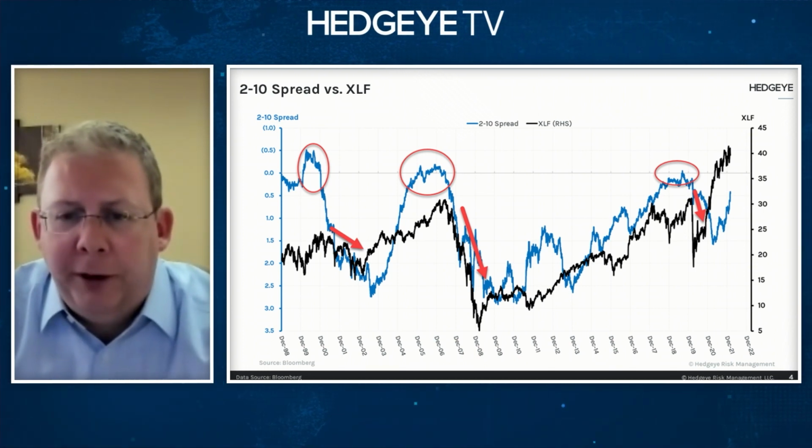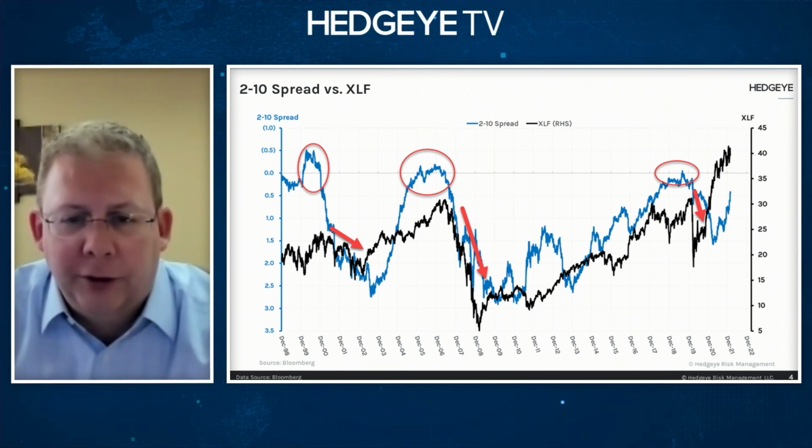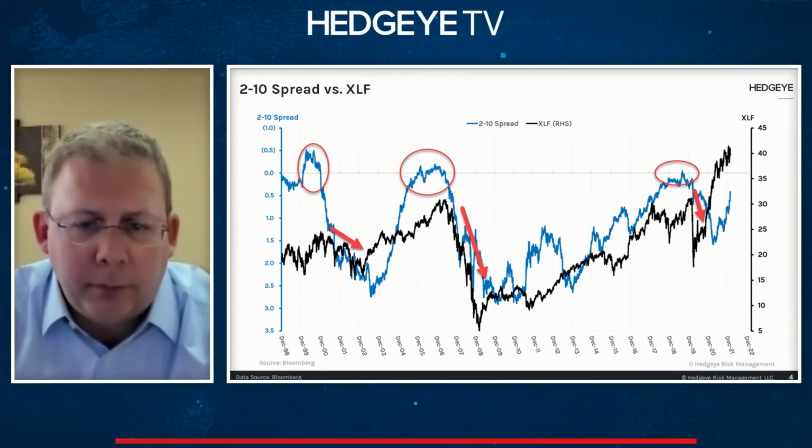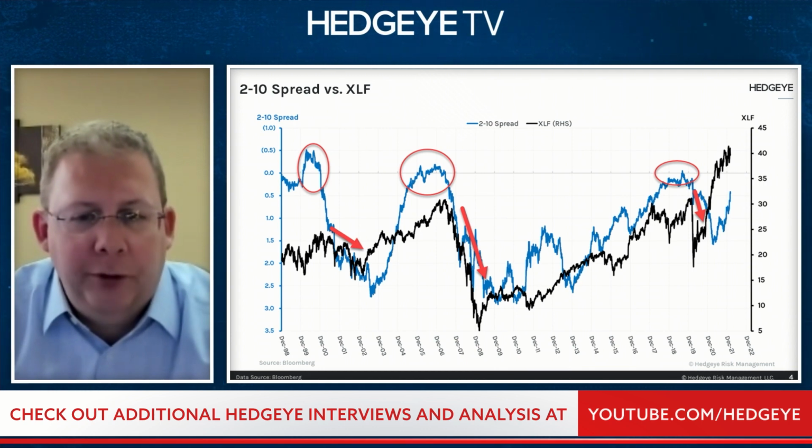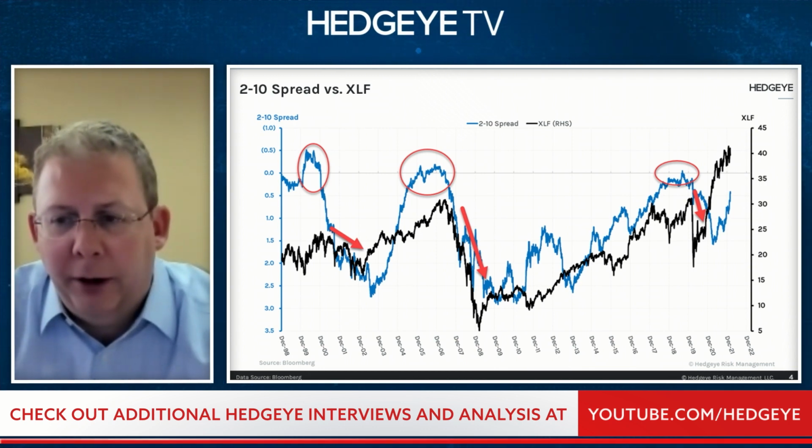If we think about each of those periods and what followed, we saw significant declines in the XLF. We show that in those 3 red arrows.